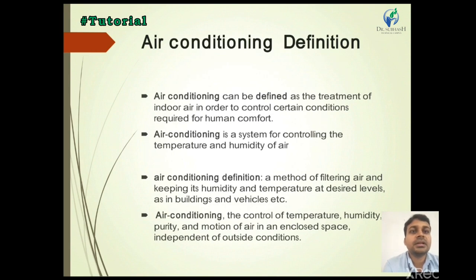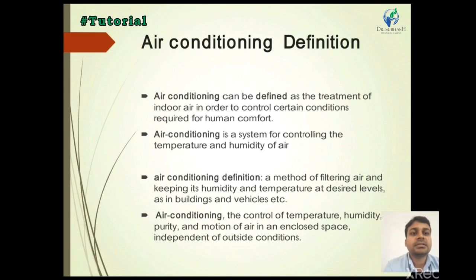The next topic is the air conditioning definition. What is air conditioning? Air conditioning can be defined as the treatment of indoor air in order to control certain conditions required for human comfort. Air conditioning is a system for controlling the temperature and humidity of air.